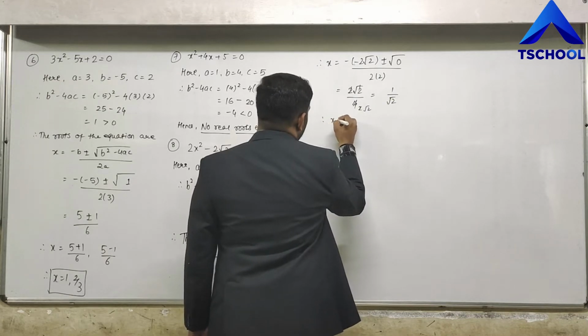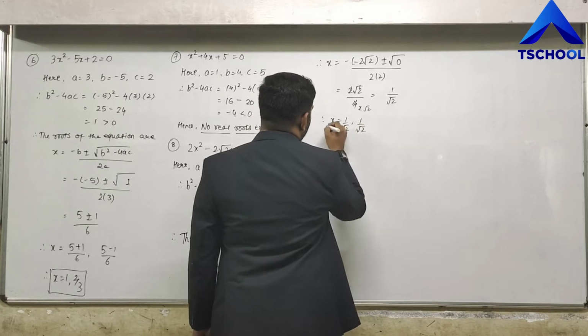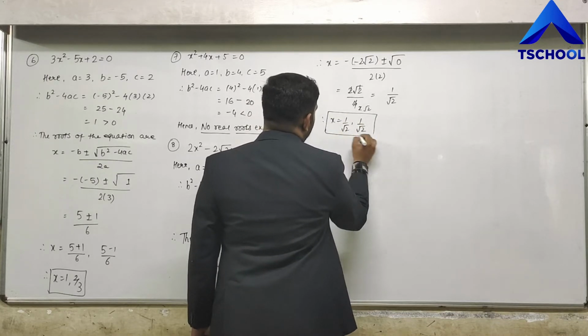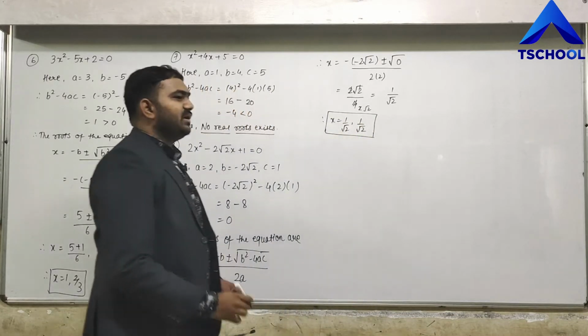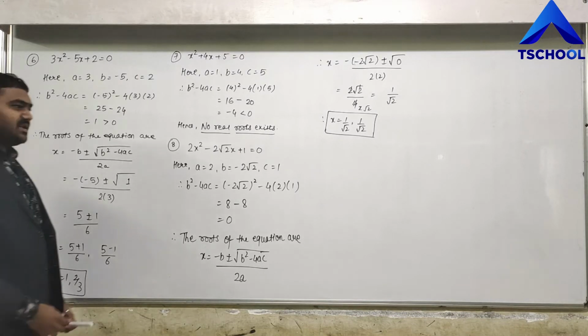Therefore x equals 1 by root 2, comma, 1 by root 2. You will get only one value, but as this is a quadratic equation, both the roots of the given quadratic equation are same. Note that, friends, both the roots are same.